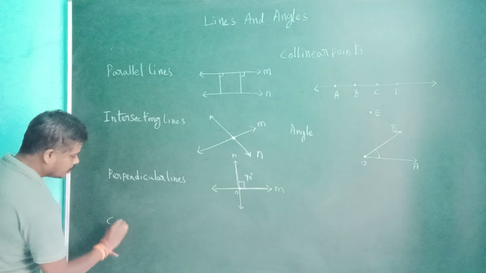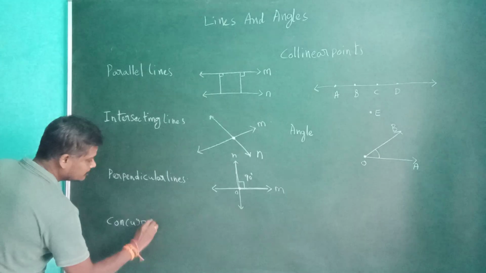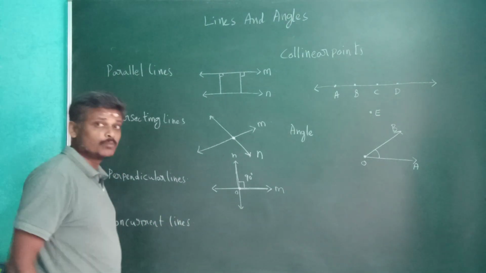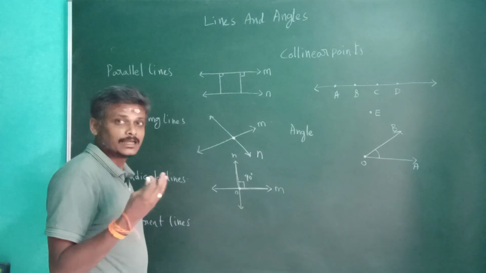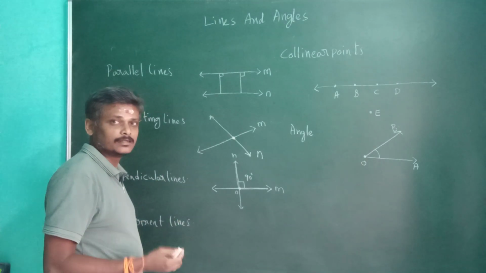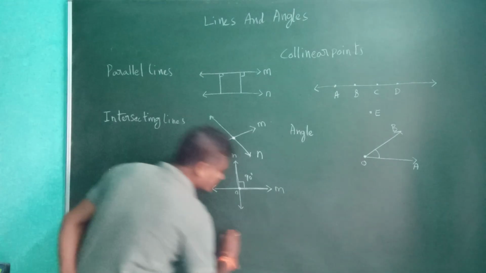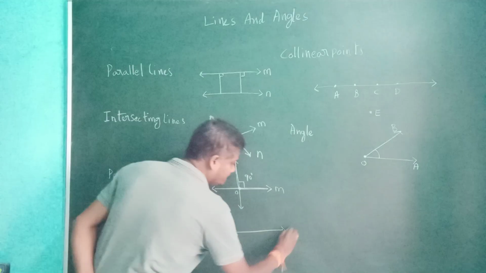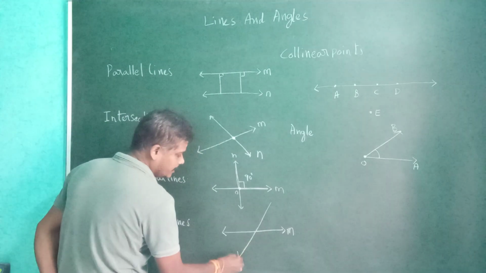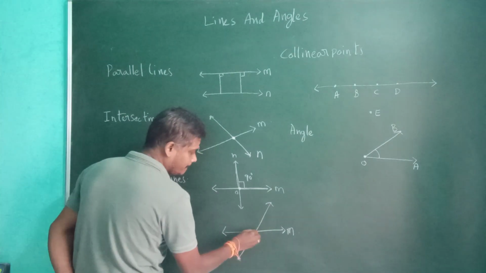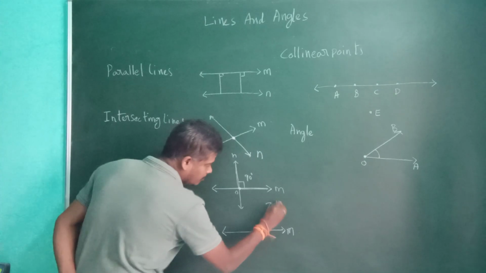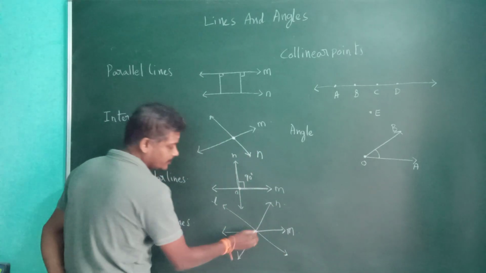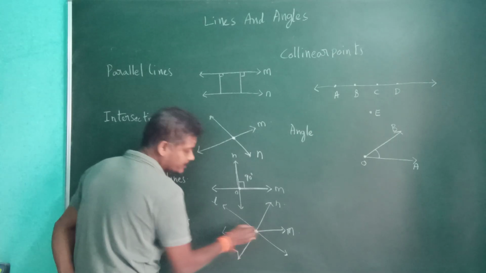Next one is concurrent lines. If three or more lines have a single common point or one intersecting point, they are called concurrent lines. Let this be M, this be N, and this be L. These three lines have one common point or intersecting point.